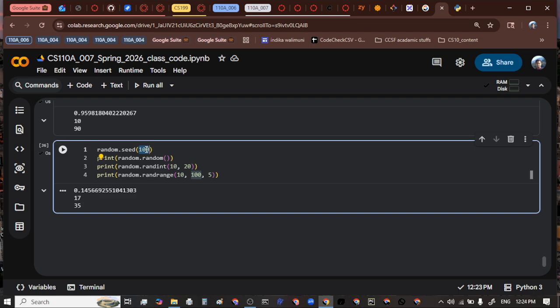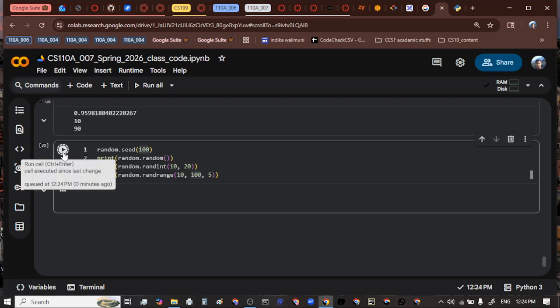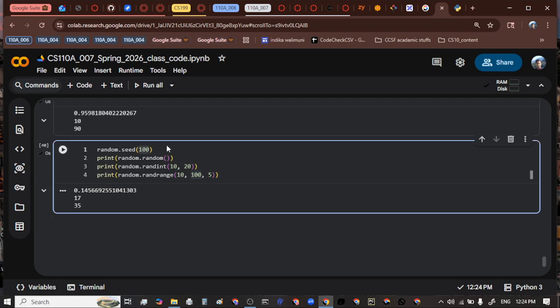See that it's giving us the same value every time we run it. So this is the proof that the computer cannot generate pure random numbers. It actually uses a formula or algorithm to generate them. There are a whole bunch of them.